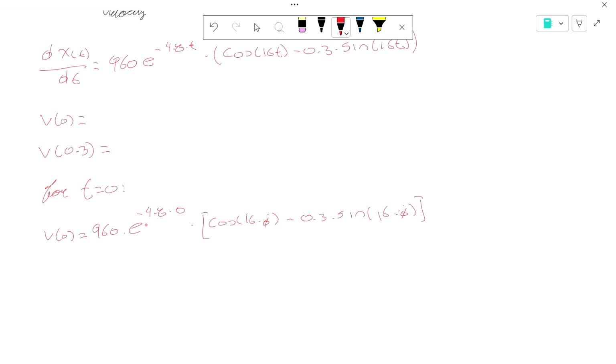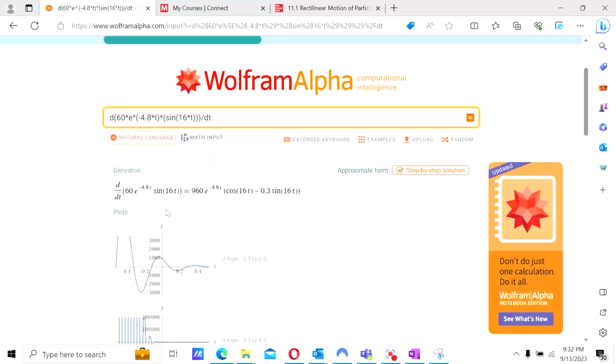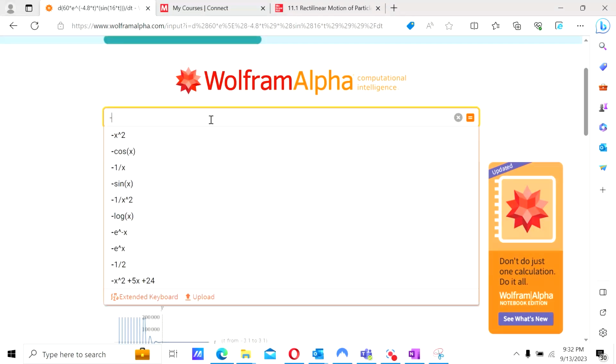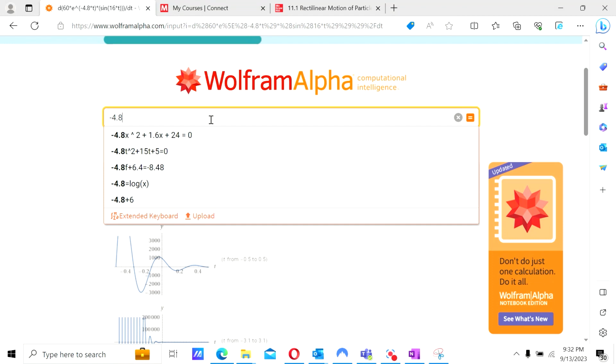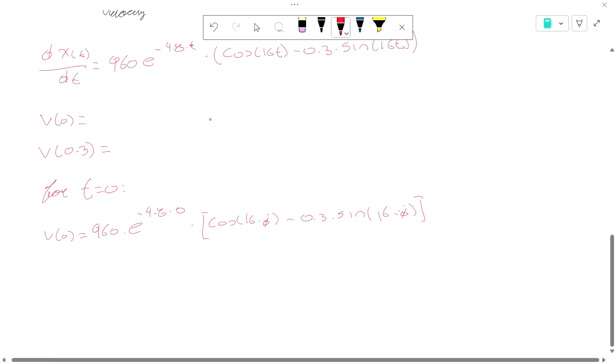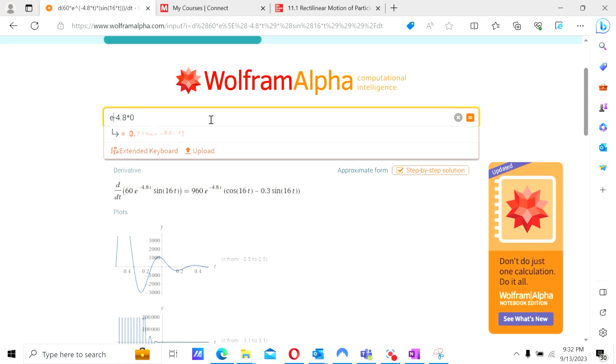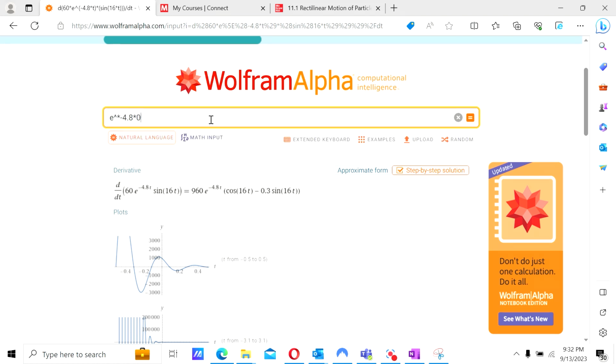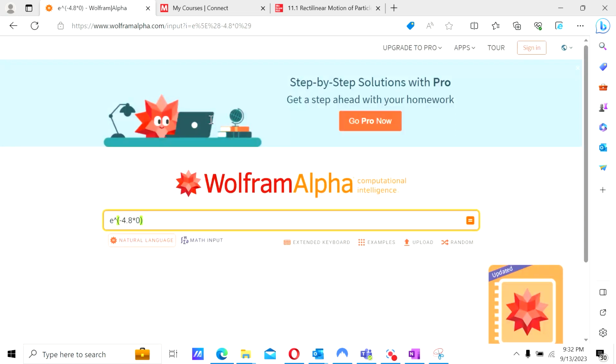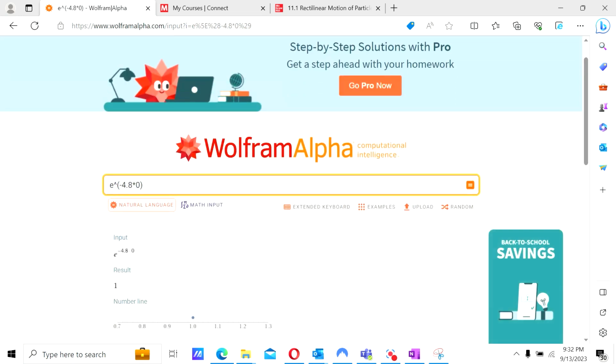All right, so let's see what this is. So we said negative 4.8 times 0. Let's do it again because I need more decimal points. Negative 4.8. Well, oh, it's at 0.3 that I needed. So let's do this, times 0. e to the, what is this quantity? This quantity is equal to 1 because e to the 0 is 1, right?